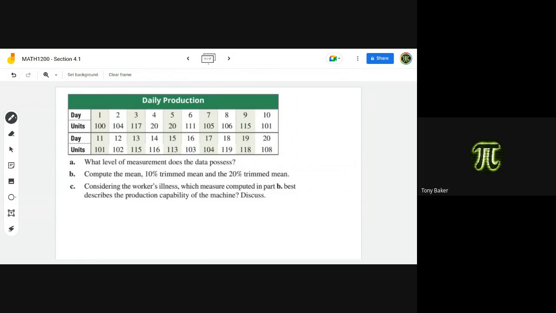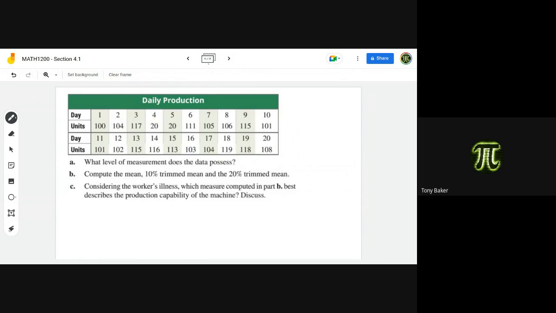Quantitative, it's a number. Is it nominal, interval, or ratio? Interval or ratio? Ratio, because this one does have a 0. That would mean something. They didn't do any units that day.